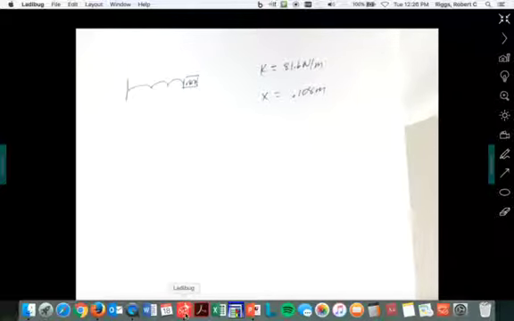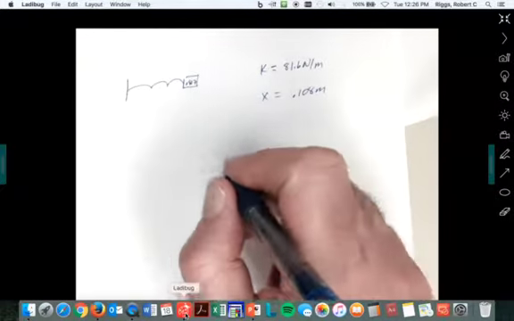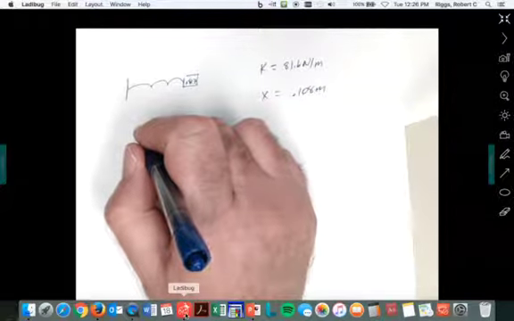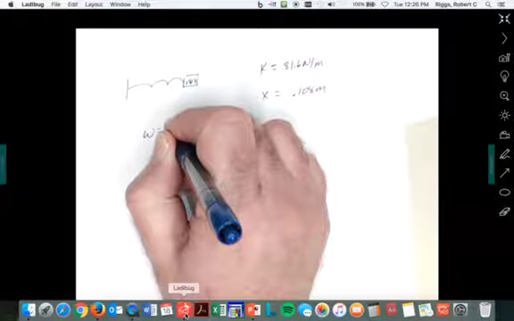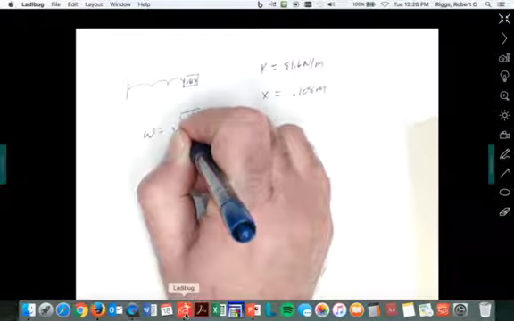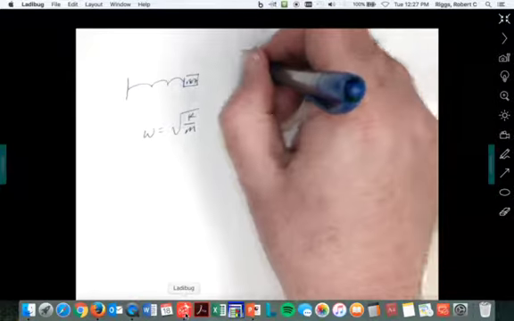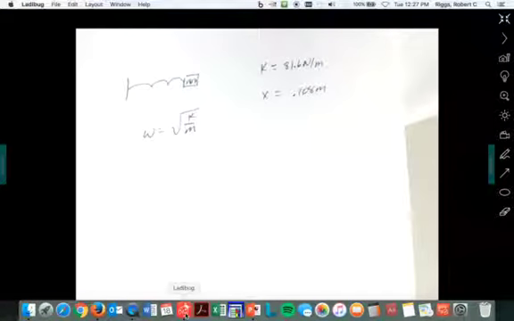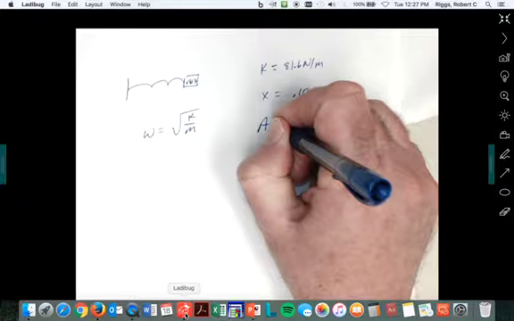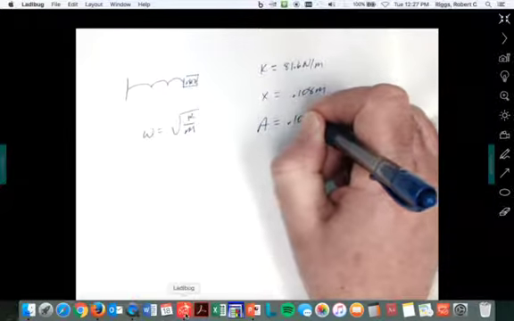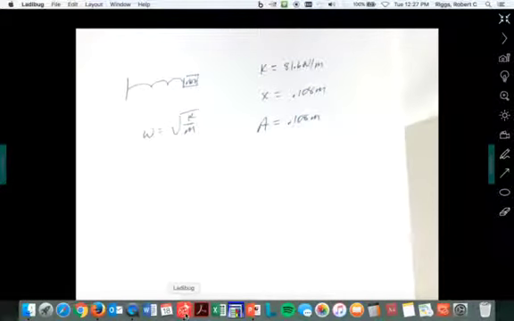And I also know that when it's released, omega is going to equal the square root of k over m. That's kind of cool. Do I have k? Yes. Do I have m? Yes. And A is equal to 0.018 meters. I think we've got everything we need here.